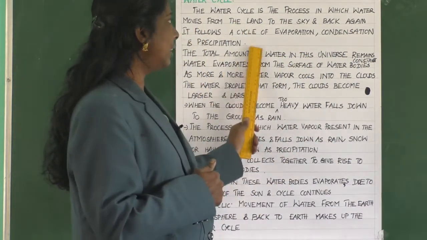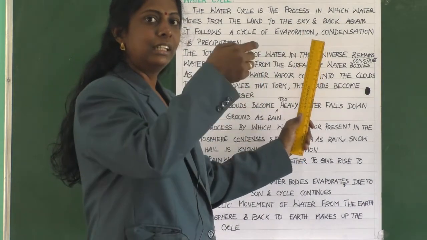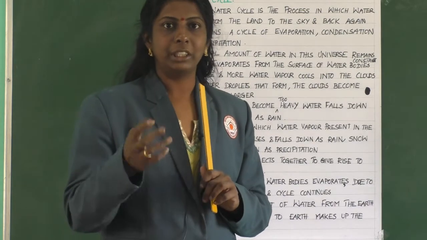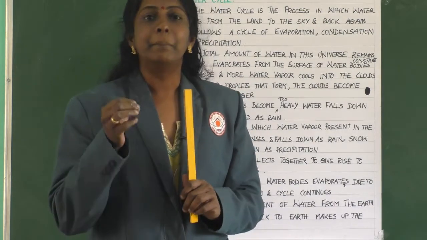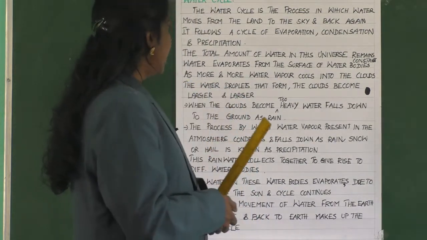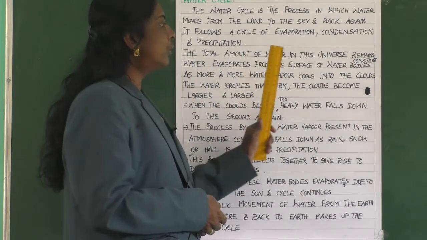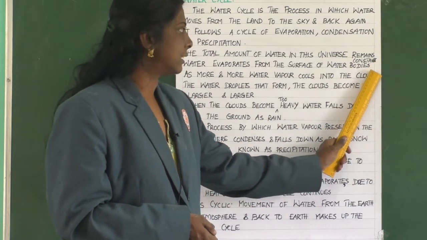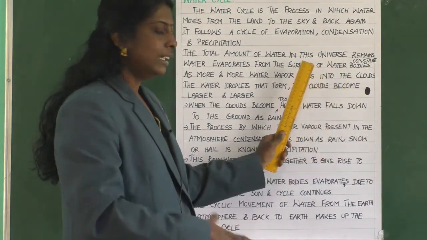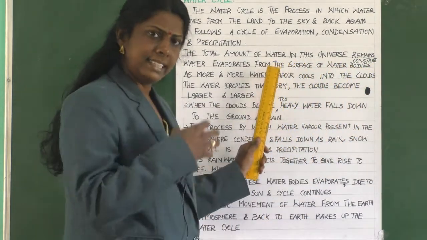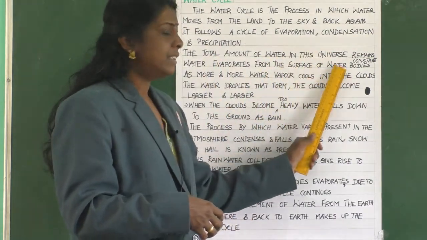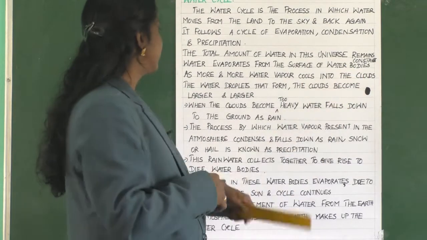It follows a cycle of evaporation, condensation and precipitation. Now the total amount of water in this universe remains constant. So totally the same amount of water is existing.